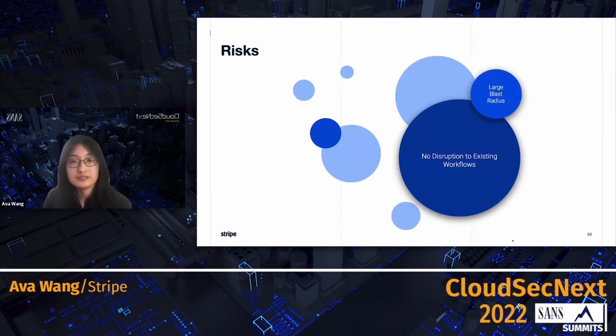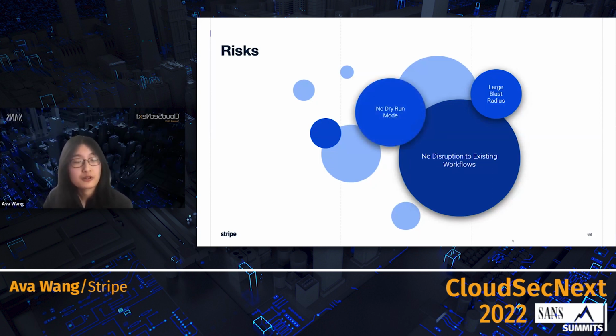First, because SCPs trump other access control policies and the lowest granularity at which an SCP can be attached is at the account level, they have a large blast radius of the entire account being affected.